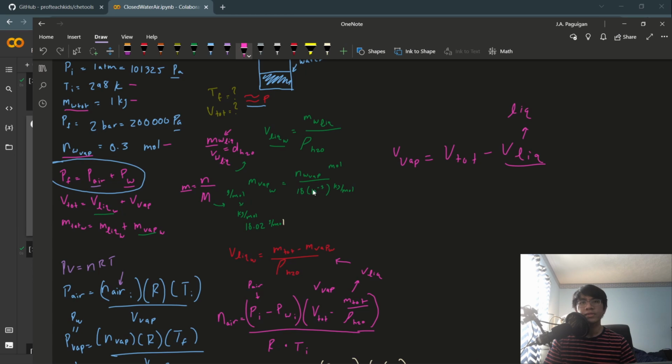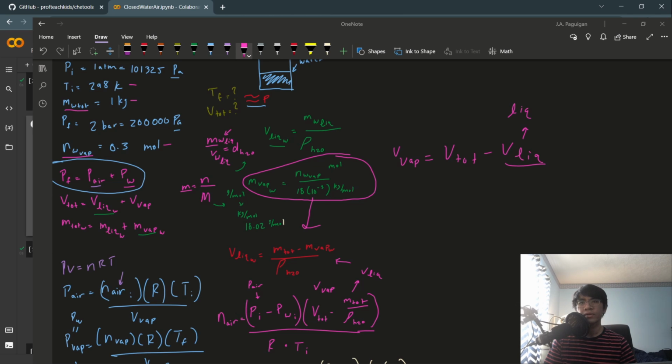This was our volume, or this was our moles. We want to relate this somehow. We can't just leave it out since it is a relationship we derived. I believe we can use this to solve for vapor moles. And I think we did do that.